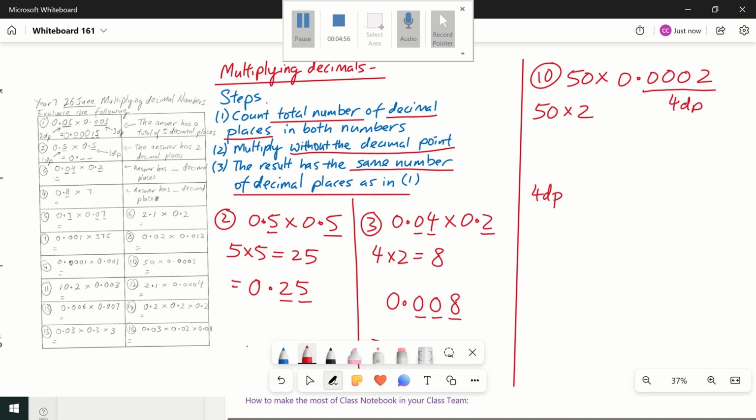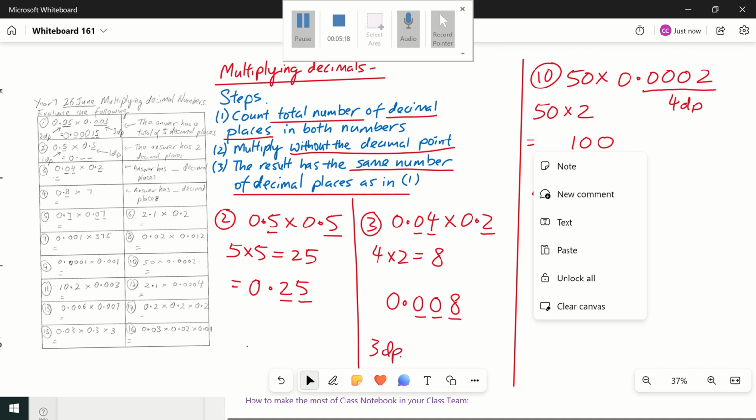So our value here is 100. Now, bear in mind that the answer has 4 decimal places. So we'll start underlining those digits. 1, 2, 3, 4. We're going to put a decimal point here.